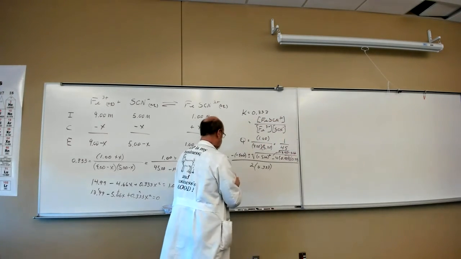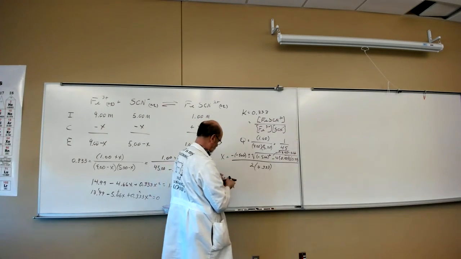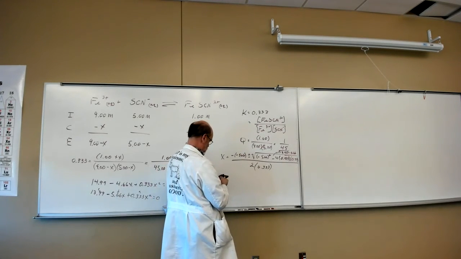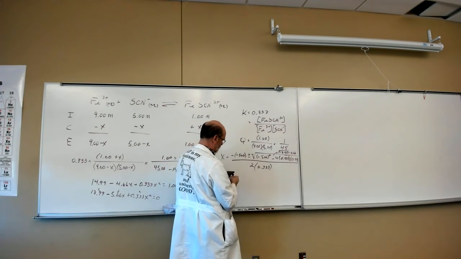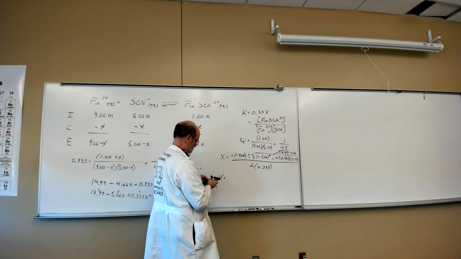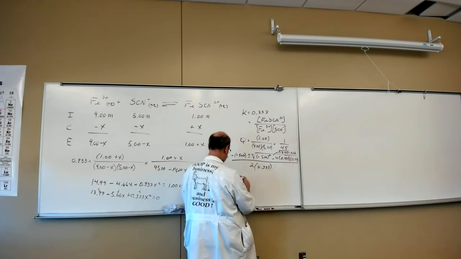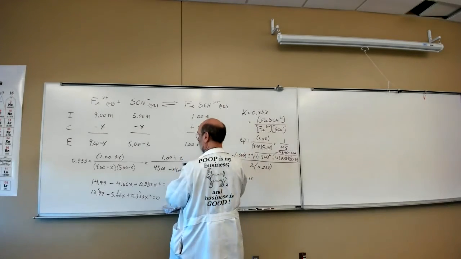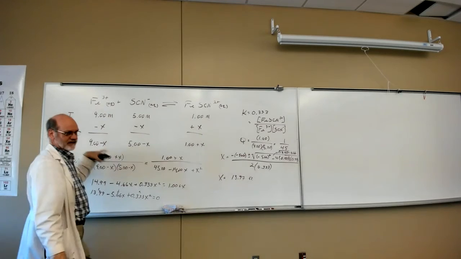Okay. So this is a positive 5.66. And we're going to add first, and then divide by 0.667, because it's 2 times that. So the first possibility is 13.97. That can't be, because 9 minus x would be a negative number.